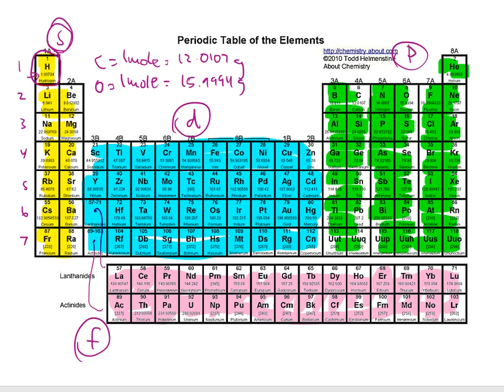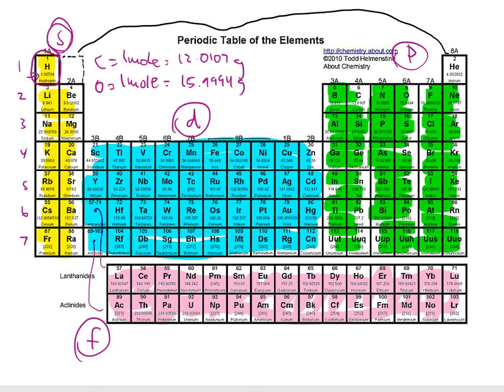Okay, well, what about helium? Let's go to the next one. Well, helium's going to be kind of weird. I told you that everything to the right-hand side is going to be P, except for helium. In this case, helium really needs to be in this spot right there, which is one of the reasons that shape is there like that.